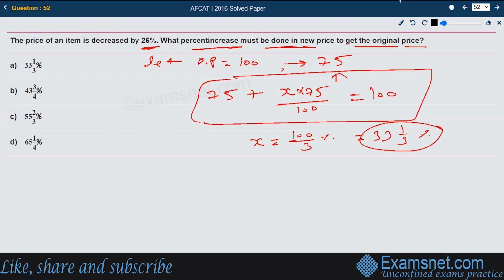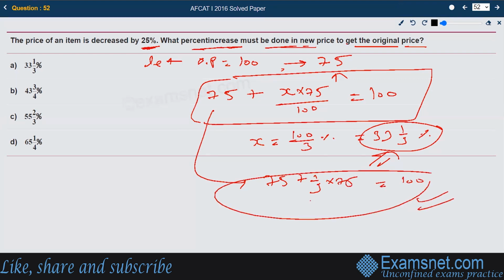So to reach the original value, there should be an increment of 33 1 by 3%, or rather 1/3, and we can see that 75 added to 1/3 of 75, that is 25, gives us the 100 only. So we are receiving the original price. So 1/3 or 33 1 by 3% is the right answer.